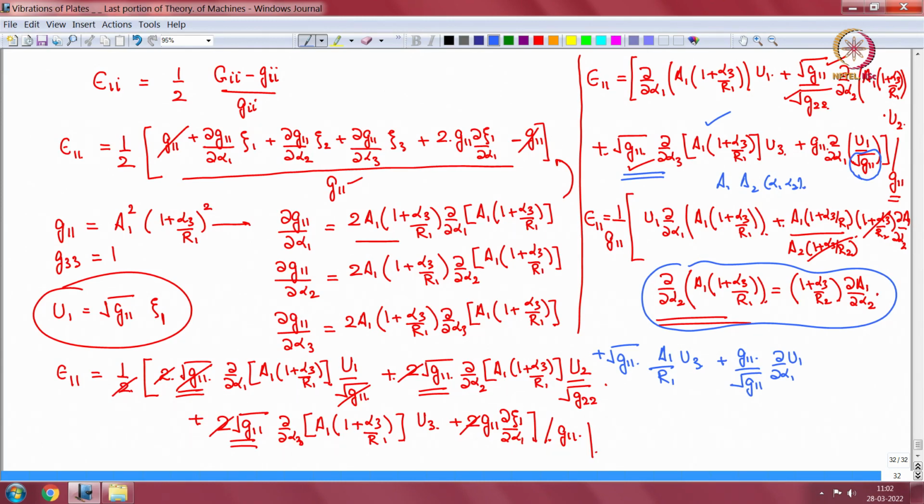So if I take that to be 1 over z, ignore the square root for the moment, what I will get is plus G11 U1 into minus 1 by z square, which is G11, okay, del by del alpha 1 of z1 z, which is square root of G11, and then we close this bracket.